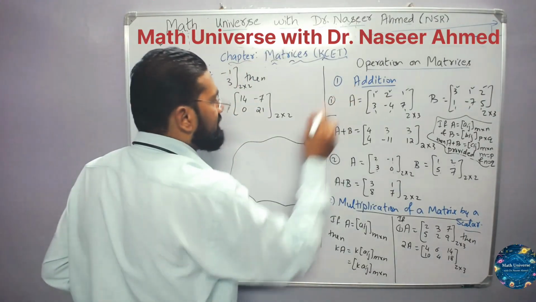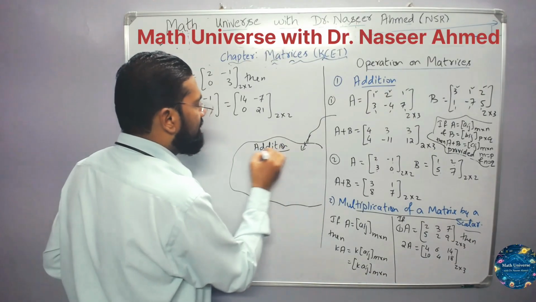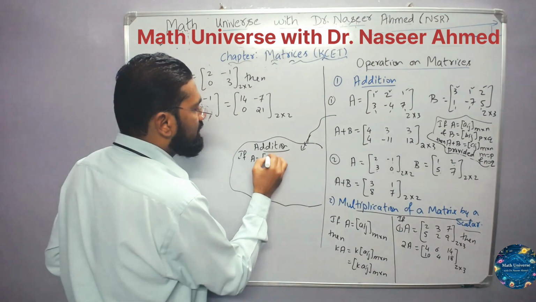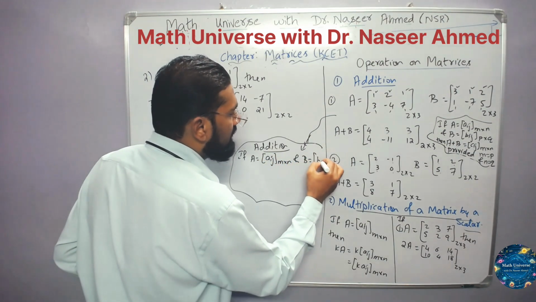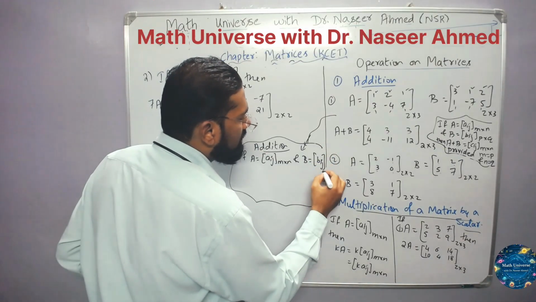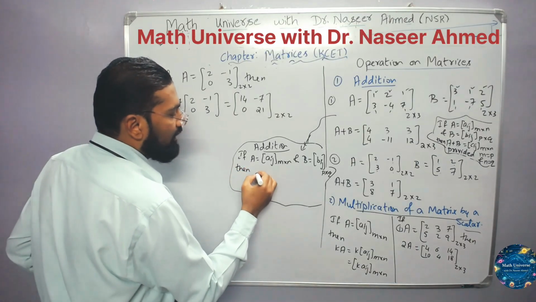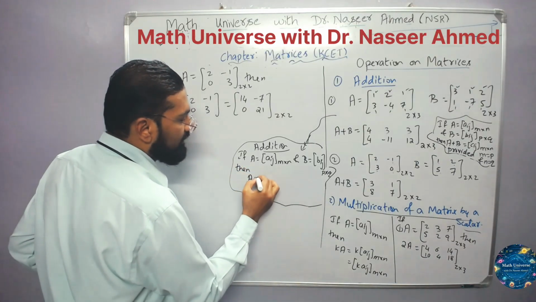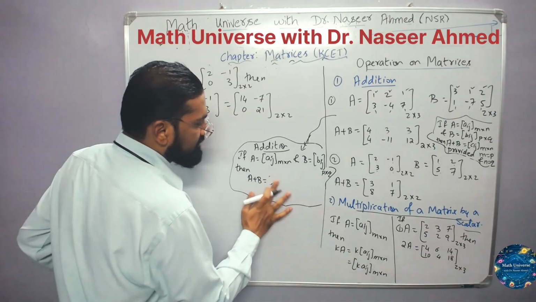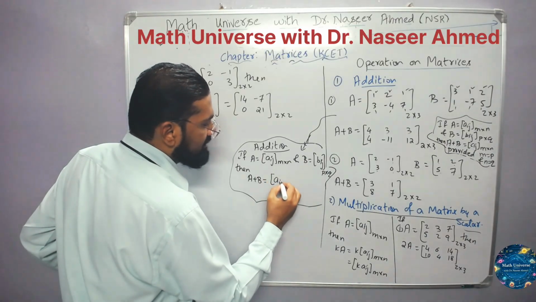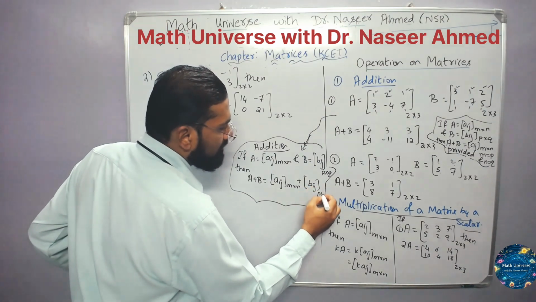What I'm saying is for addition. Suppose we have two matrices, A equal to Aij of order m by n, and B is a matrix Bij of order p cross q. For addition to be defined, A plus B gives some matrix Cij.